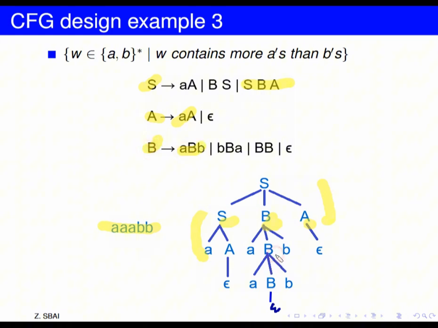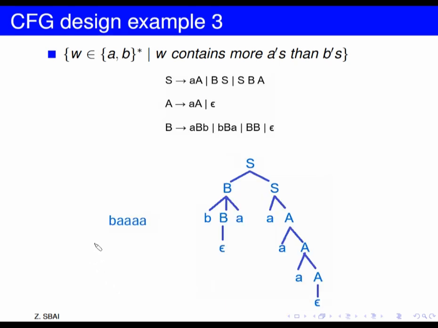Then for the second variable B, we will choose again B derives ABB. Then the last B will yield to epsilon. Here this A will yield to epsilon, and we will find that the string AABB is generated by this grammar.